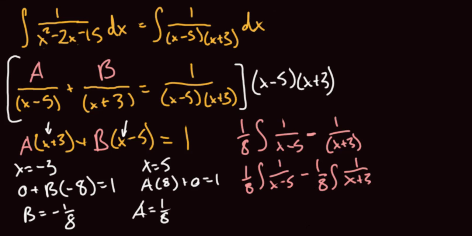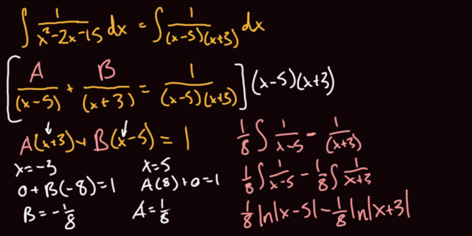If you're familiar with these integrals, you know that our answer evaluates to 1/8 times the natural log of x minus 5 minus 1/8 times the natural log of x plus 3. And that is how you do partial fraction integration. And don't forget your constant of integration, plus C.